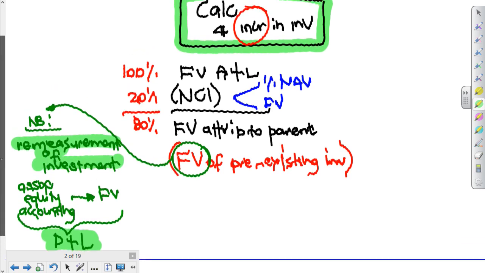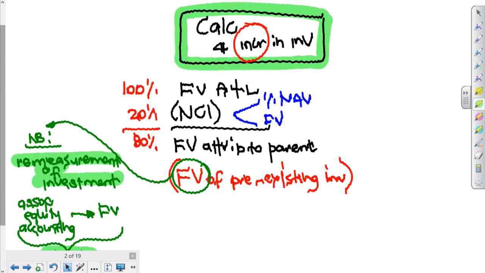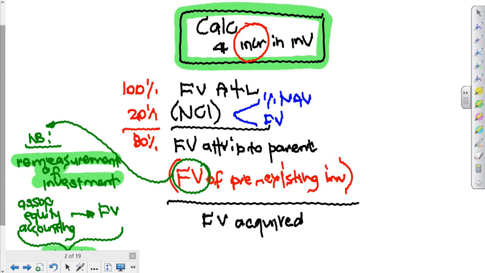Okay, so if I go back to my calc, fair value of assets and liabilities less NCI is what's attributable to the parent. Less what the parent already had from before leaves us with the fair value acquired, with what I'm buying now. And let's assume that these percentages were, I don't know, 30. So therefore I'm buying 50.